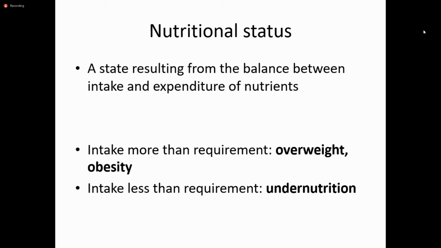In the same way, if intake is less and expense is high, the child will have undernutrition. And on the opposite, if intake is more and expense is less, then it will result in another form of malnutrition, that is overweight and obesity.